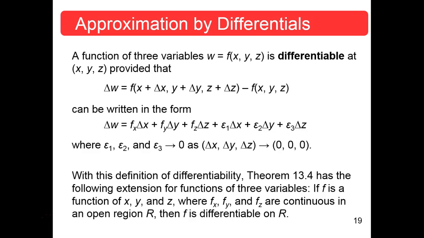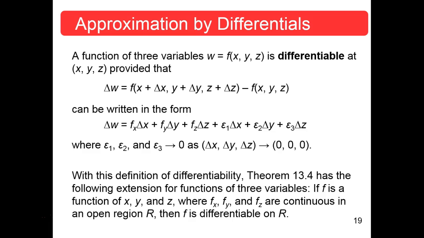Now, a function of three independent variables, f of x, y, and z, is differentiable at x, y, and z, provided that your change in w, delta w, is equal to f of x plus delta x, y plus delta y, z plus delta z, minus f of x, y, z. Okay?